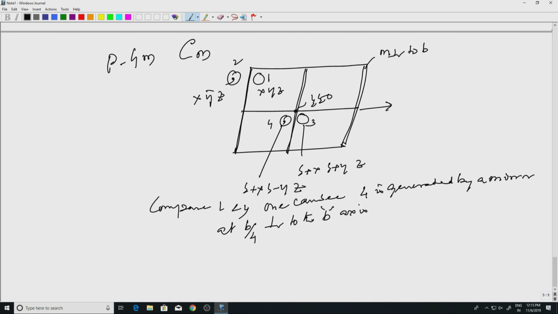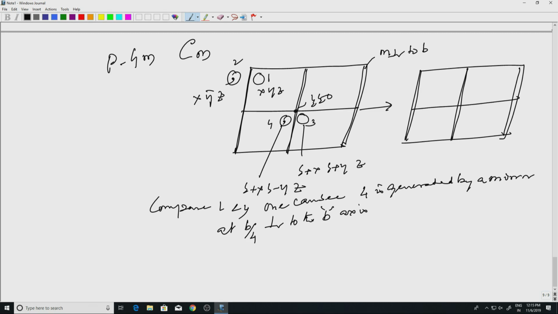So we can see that it can be considered here.